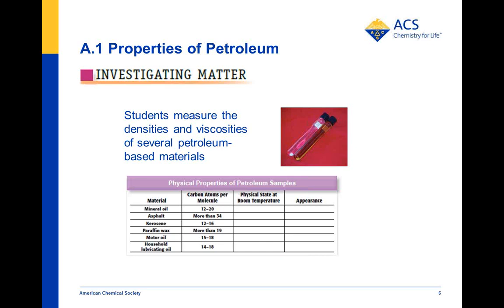This is a really great activity for the kids to get their hands on some examples of petroleum-based materials. You will have to do some prep for this because each of your lab groups will require 5 test tubes pre-prepared by you, as well as an empty culture tube, and you'll find that the culture tubes do work the best if you can get your hands on them.